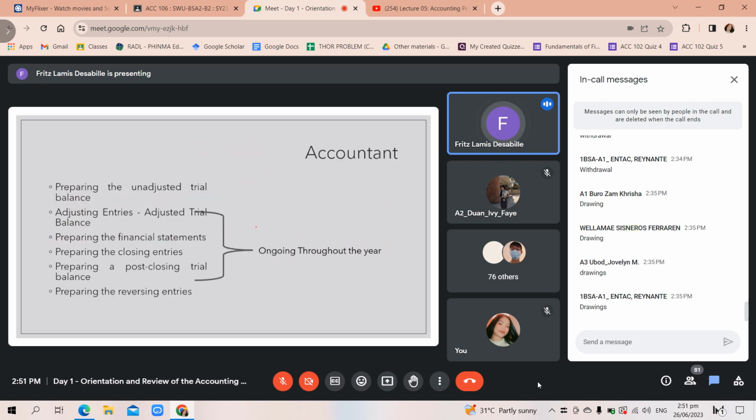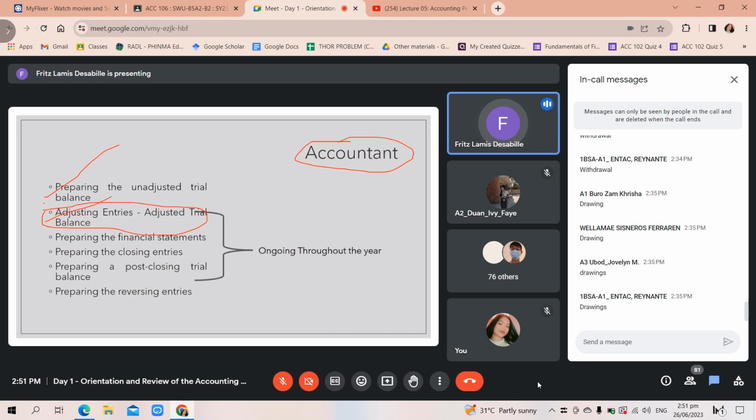Next, the accountant. The accountant is usually a graduate of an accounting degree, either a CPA, a BSA graduate, or a BSMA graduate. The accountant prepares the unadjusted trial balance and the adjusting entries, which are more complex than the usual bookkeeping job.